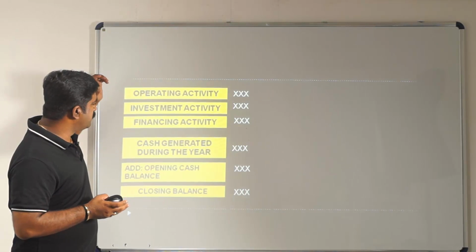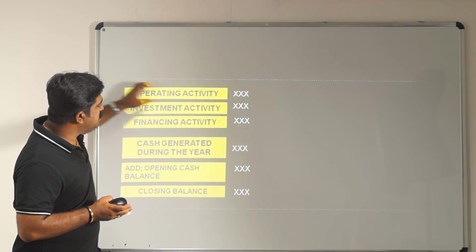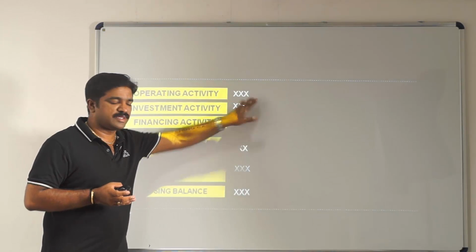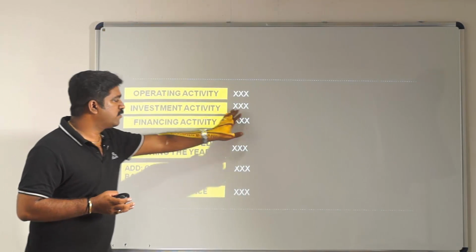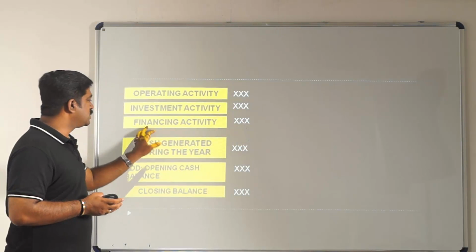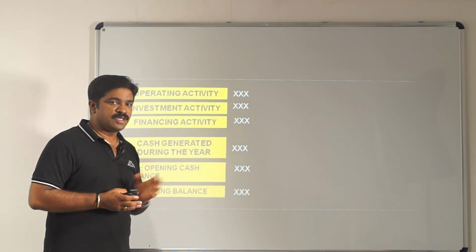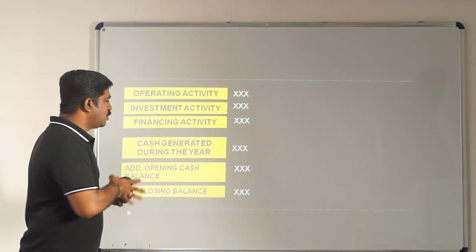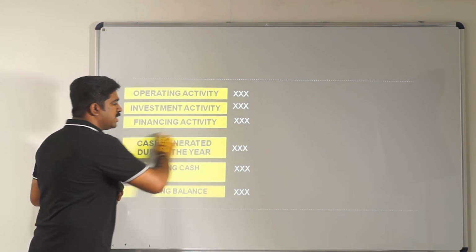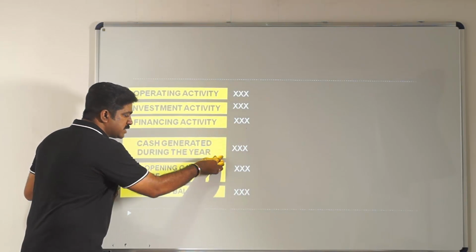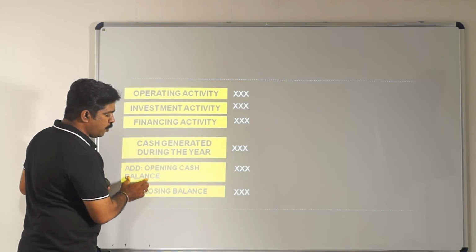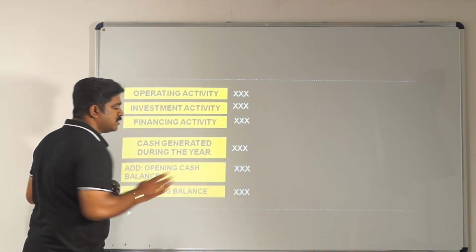Cash flow statement would give us an idea how much cash has been generated from operating activity, how much has been generated from investment activity, how much has been generated from financing activity. So all the three put together would tell us what is the cash generated during the year. Now with this cash generated during the year, if we add opening balance, automatically we should get the closing balance.